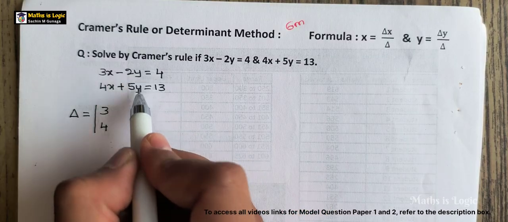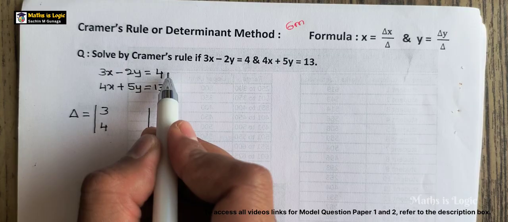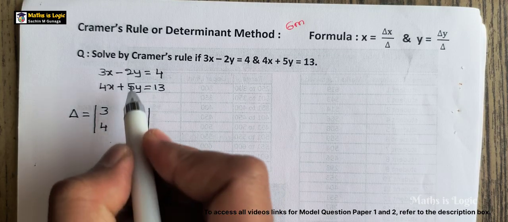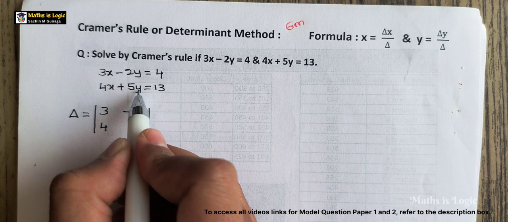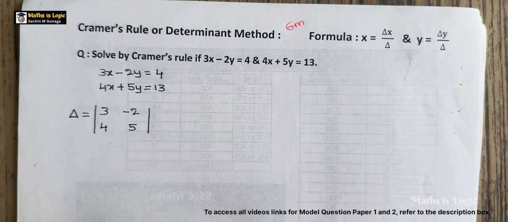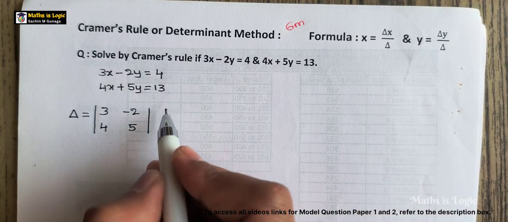Next, take the coefficients of y in equation number 1 as well as equation number 2, and write them as the second column. The y coefficient is minus 2, and the y coefficient in equation number 2 is plus 5.